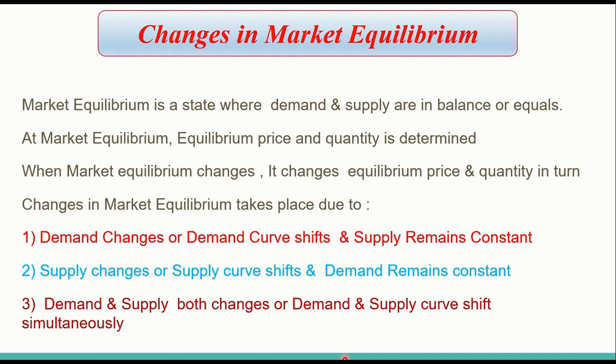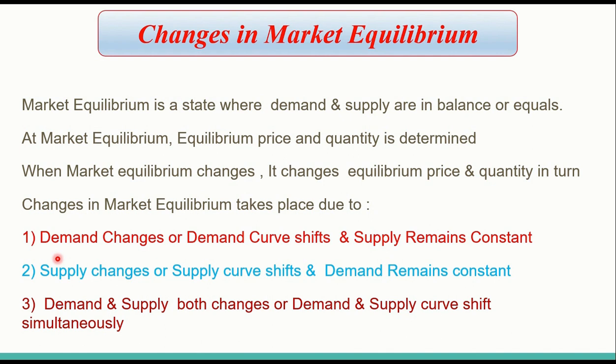Well, market equilibrium may change under some circumstances. In this lecture, we are trying to understand under which circumstances market equilibrium gets changed. Market equilibrium changes due to three reasons.